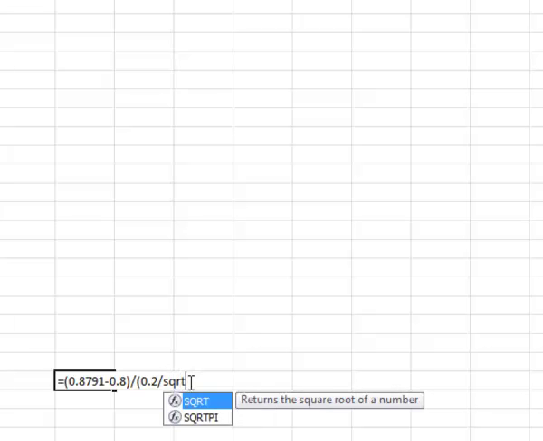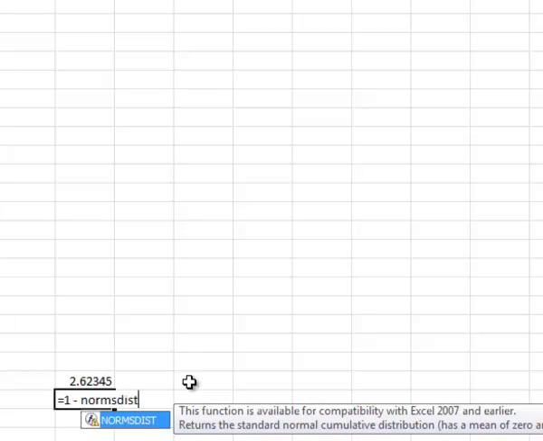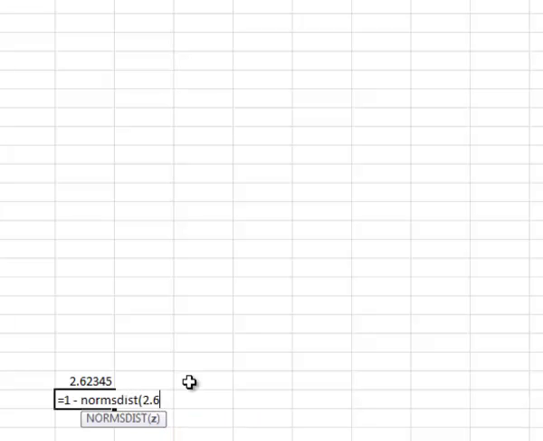0.8791 minus the 80% divided by, and we said the true standard deviation was 0.2 divided by square root, and again, I'll use sample size of 44. I know that's not correct. There's my z-score. Again, I'm just going to round this just to get an idea of what we're dealing with here.